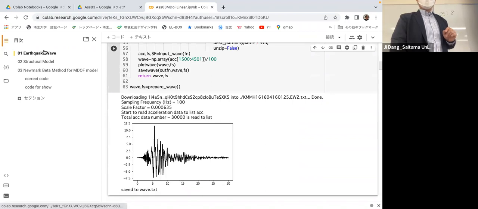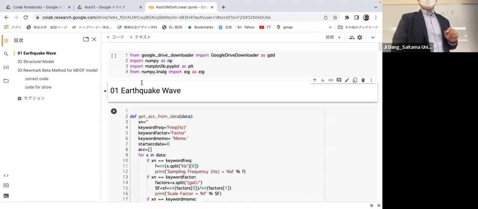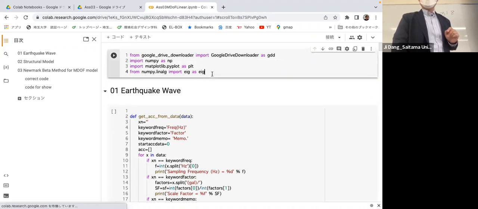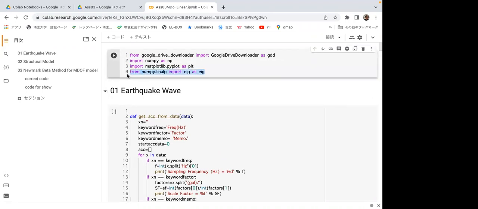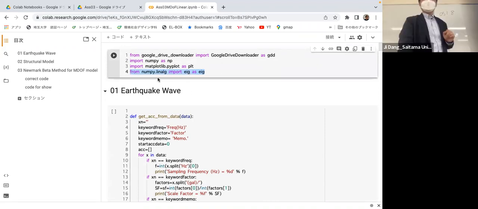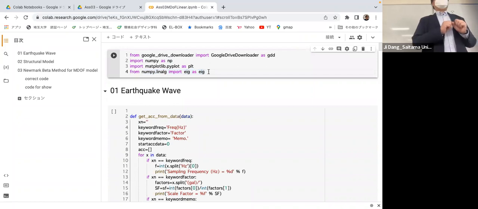At the beginning of the function, this time I need you to import one more library, NumPy linear algebra. From this, import eig, which is a function to calculate eigenvalues.